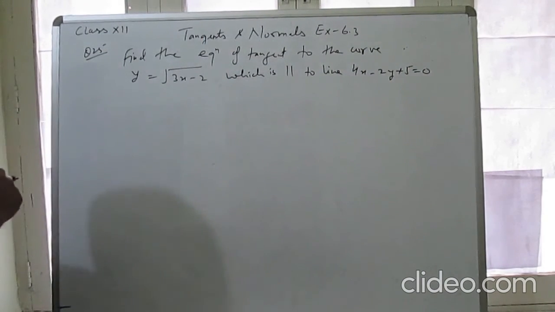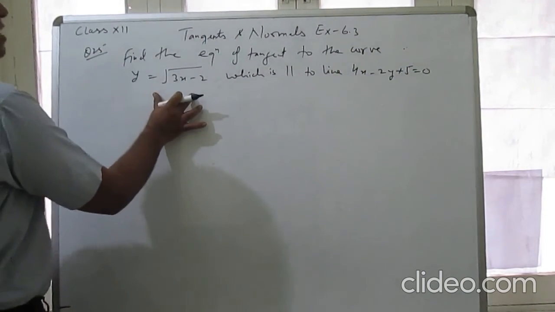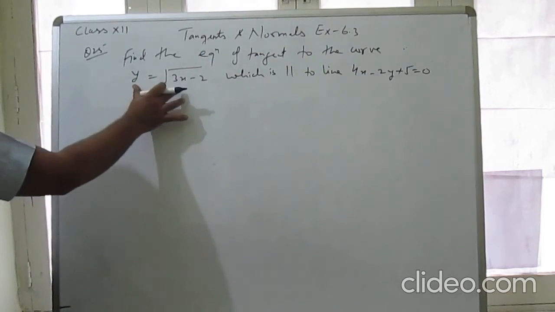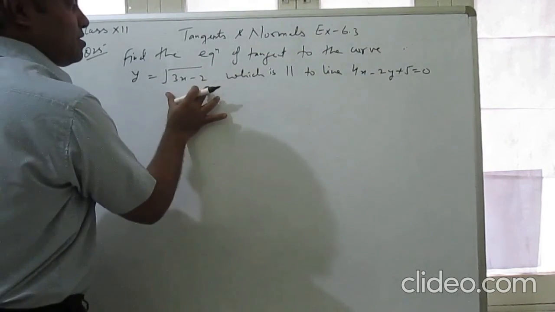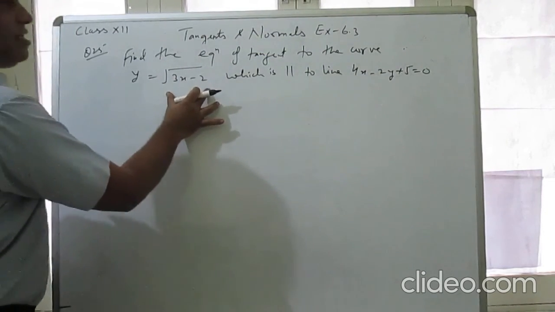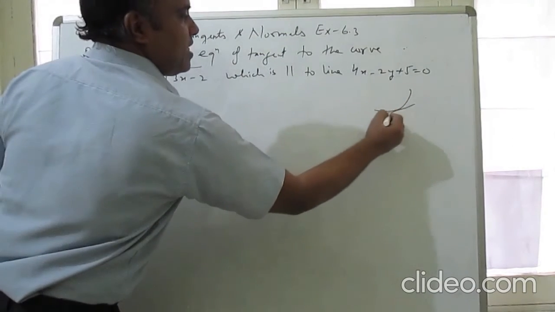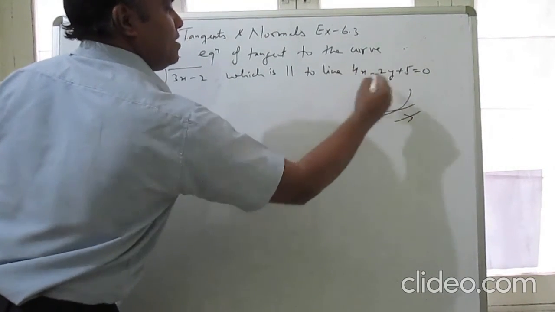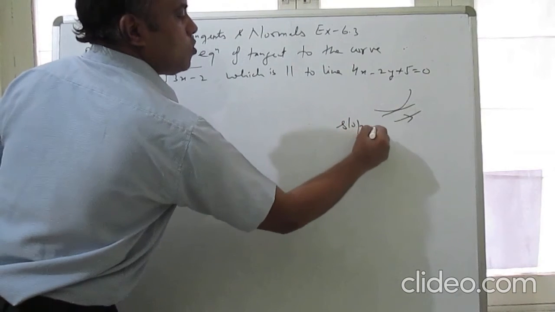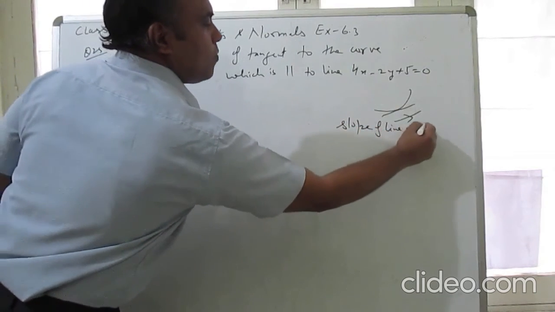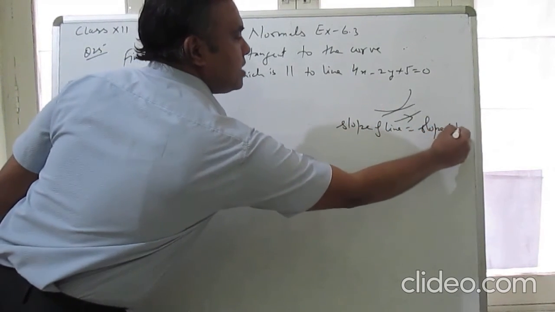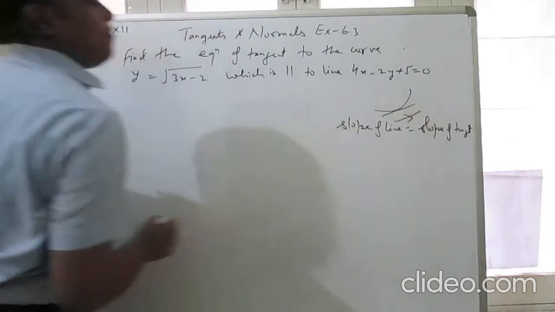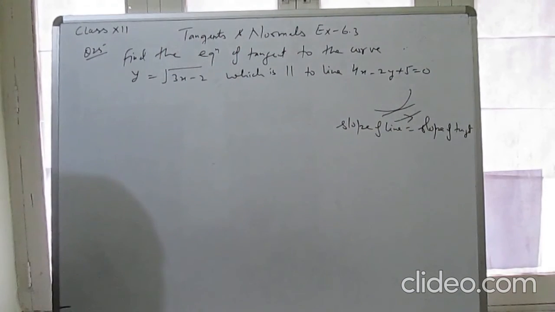Now, this is the curve and suppose the tangent at this curve is parallel to the line. So slope of line is equal to slope of tangent, given to you.